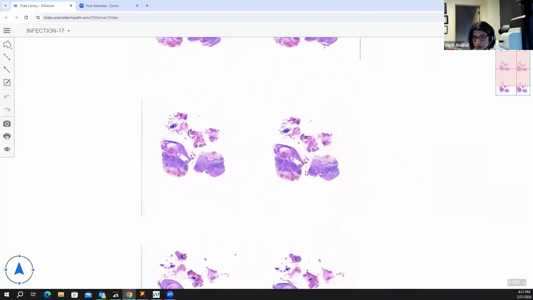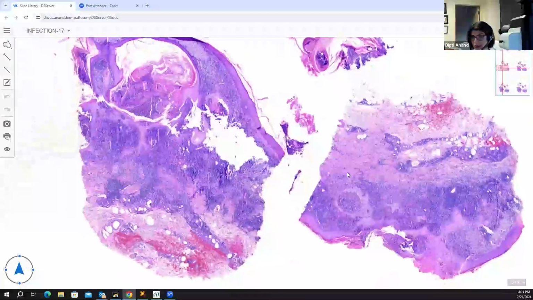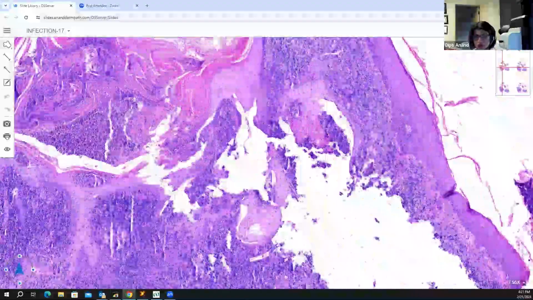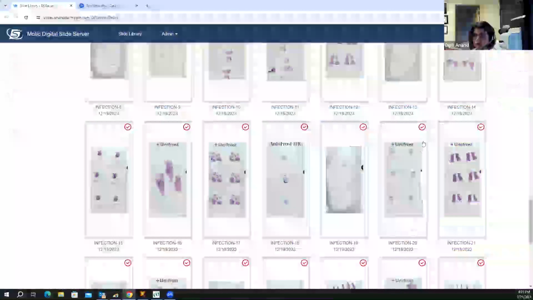This was actually from a patient with the fish tank, swimming pool granuloma, Mycobacterium marinum infection. And you can see that the overlying epidermis shows exuberant pseudoepitheliomatous hyperplasia. You get the nice suppurative and granulomatous infiltrate, and a Fite stain.